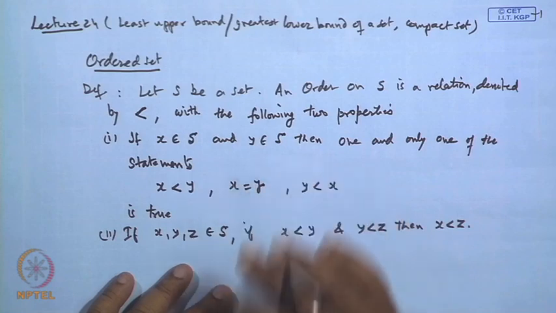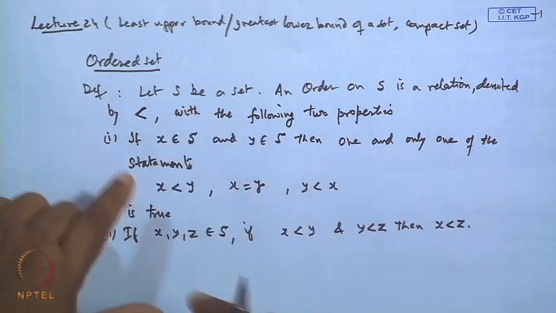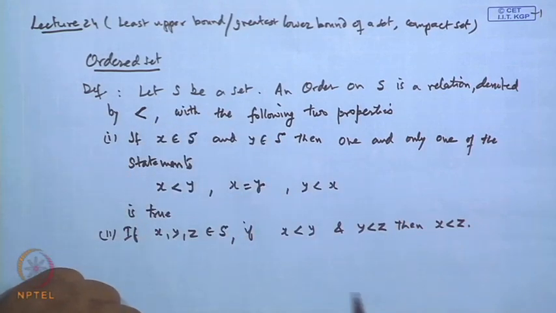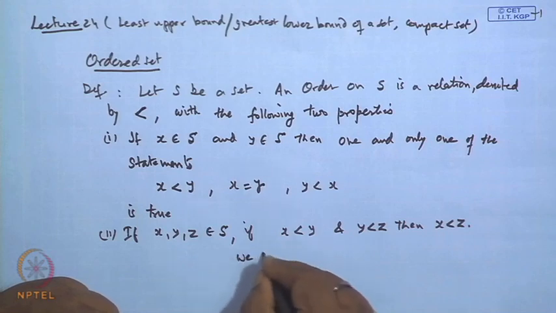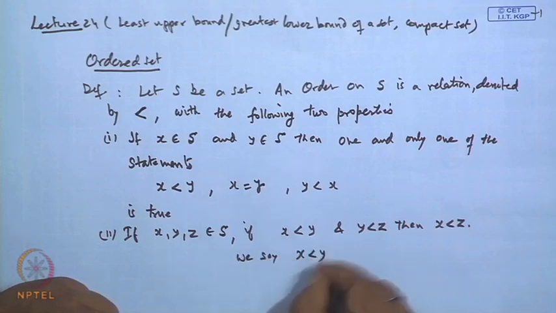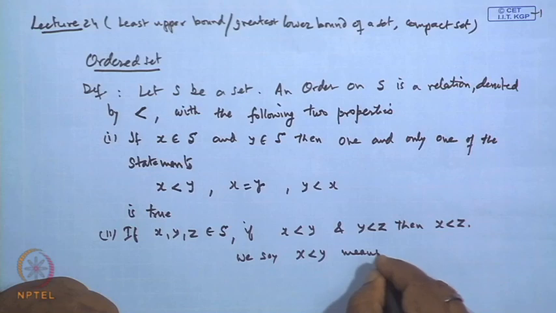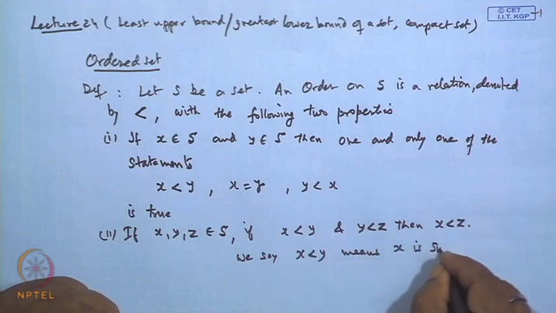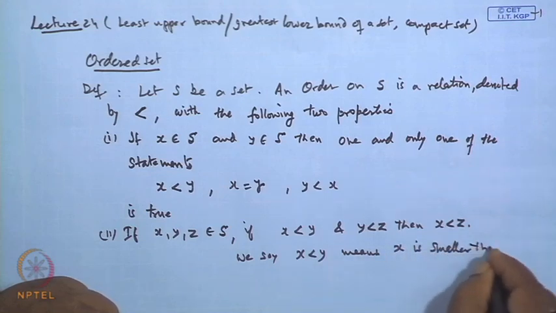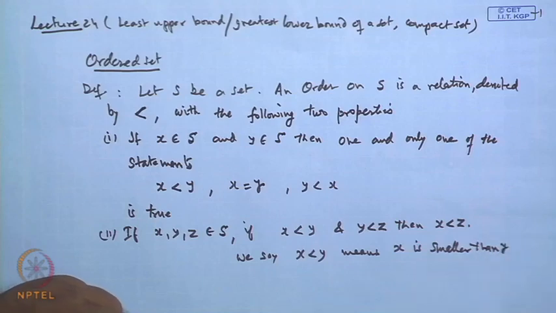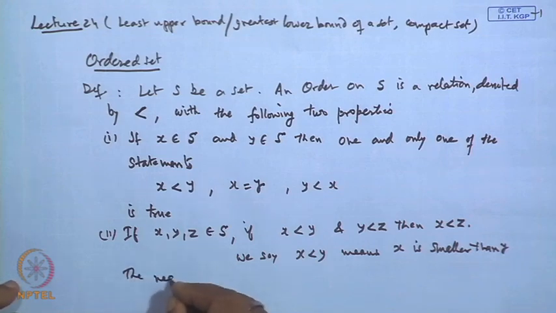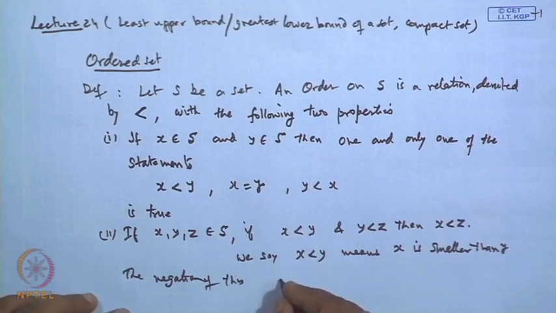This less than sign, we normally say x less than y means x is smaller than y. And the negation of this is x is greater than or equal to y.